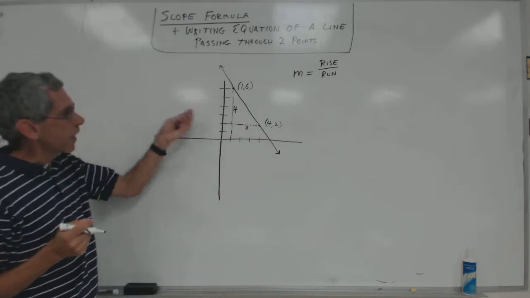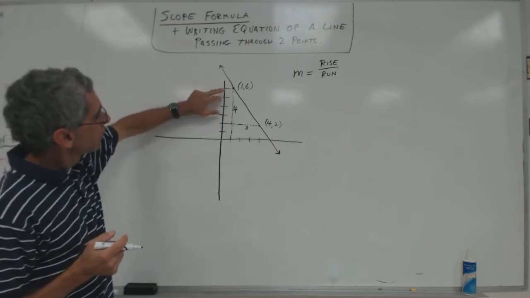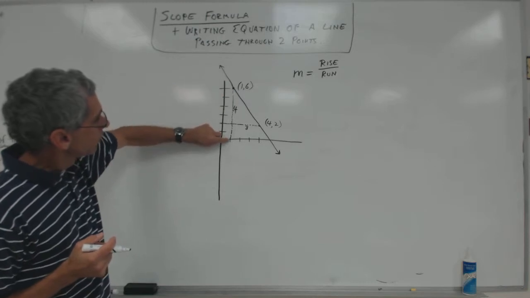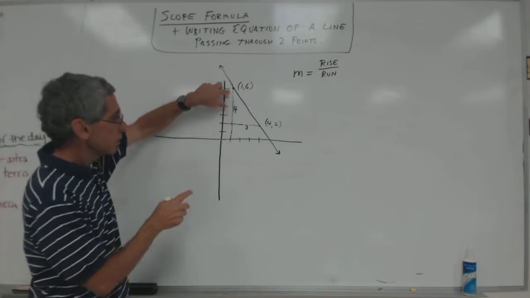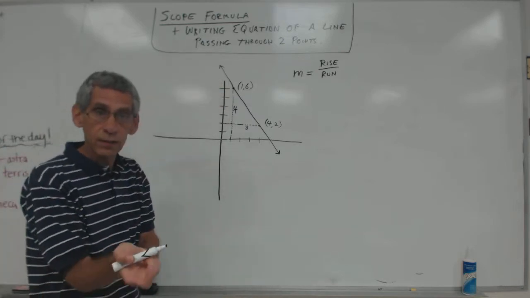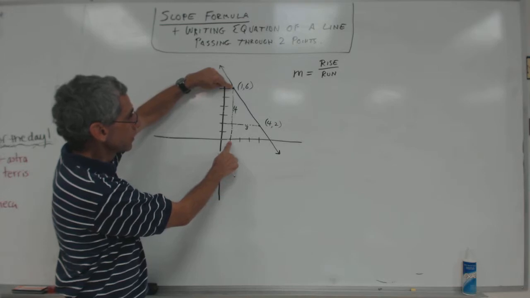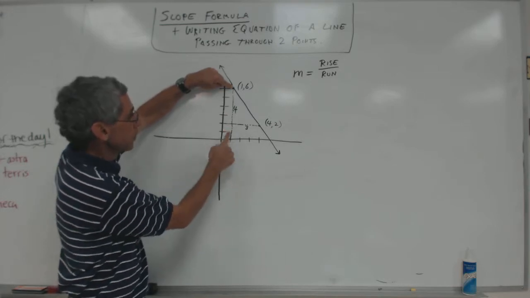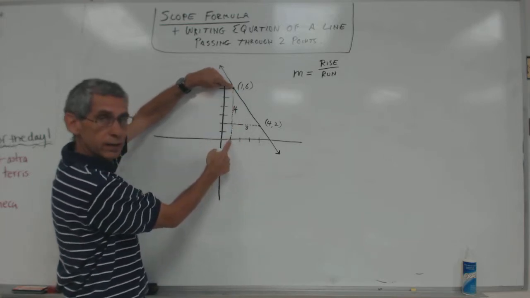Now, how could I have found that algebraically? If I have this whole line from here down to here, how could I find just this, besides counting? What if I said this whole thing is 6? This is 1, 2, 3, 4, 5, 6, all the way down to the x-axis.